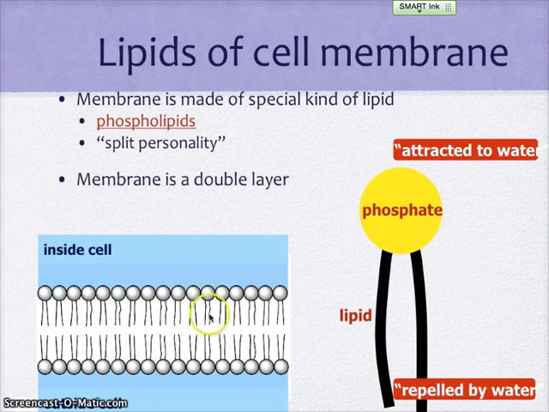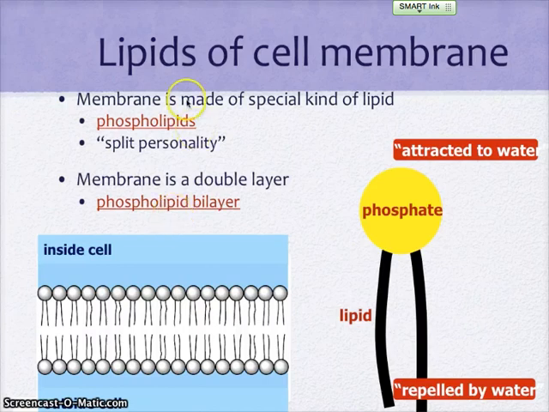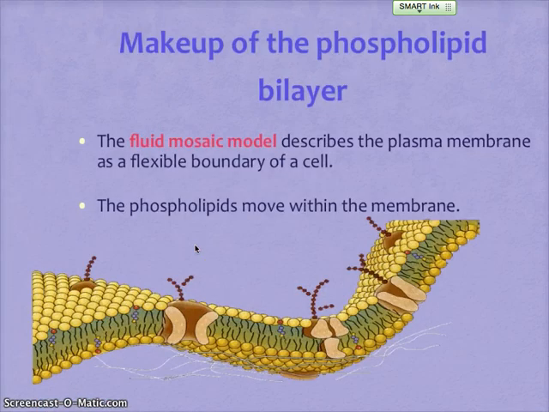Notice that there's a double membrane, okay, so there's two layers here. So we actually call it a phospholipid bilayer, bi meaning two. Think of a bicycle, which has two wheels. So when we zoom in a little bit more, we look at the makeup of this layer. And we describe it as a fluid mosaic model.